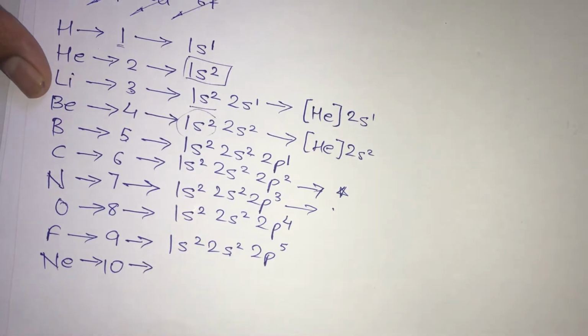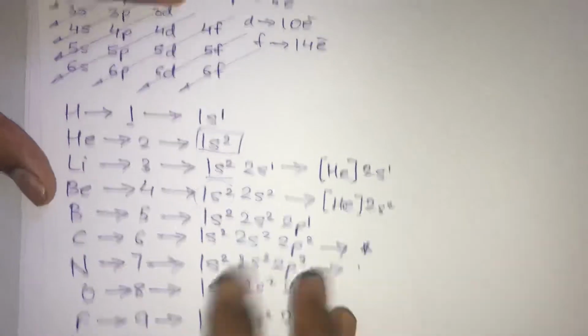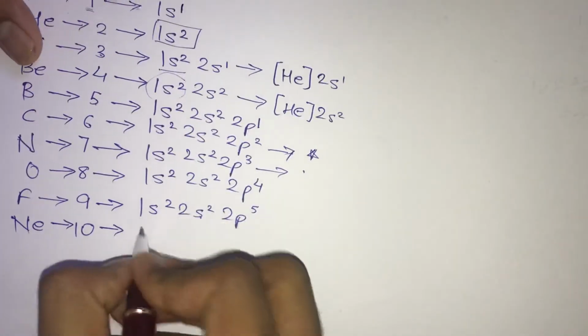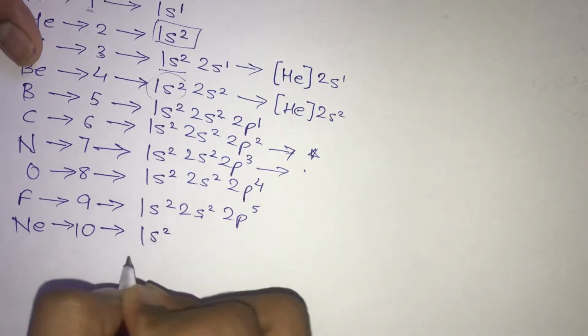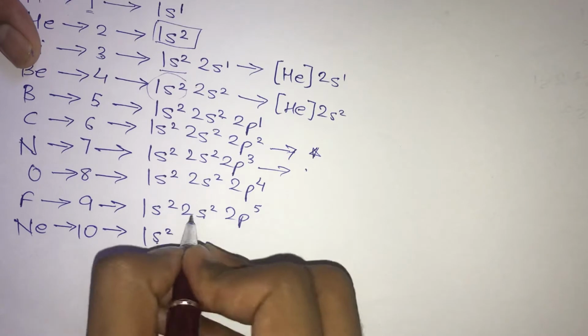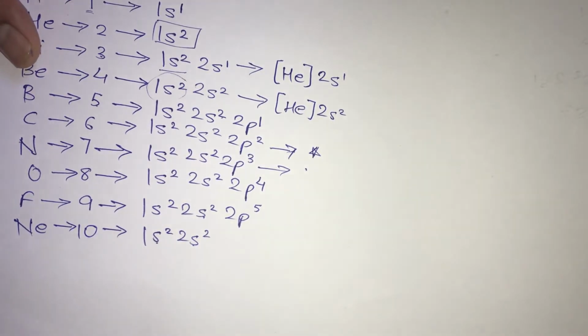Now since you want to accommodate 10 electrons here, first you will move on to 1s. 1s can accommodate a maximum of 2 electrons, as we all know the s subshell can. So after 1s comes the 2s. Again 2s can take a maximum of 2 electrons.